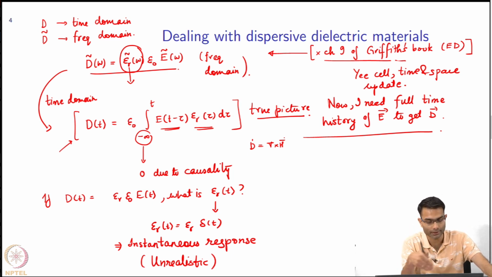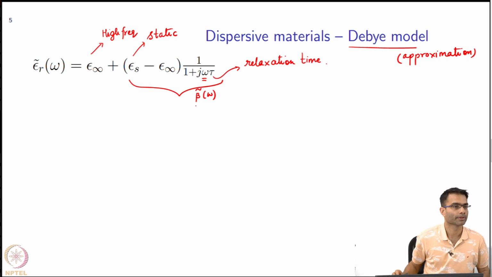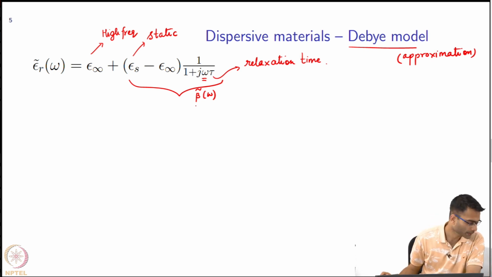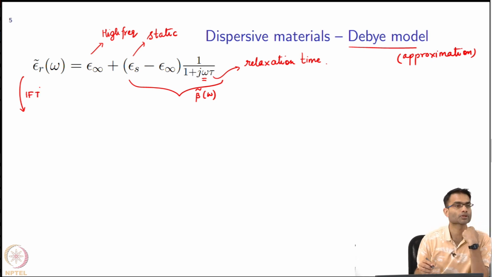So, to get D in the time domain, I need this epsilon r in time domain. But what I have started with, the starting point, is frequency domain, that is the simplest place to start. So, I need to take now the inverse Fourier transform of this expression in order to get epsilon r as a function of time, so that I can plug it back in.